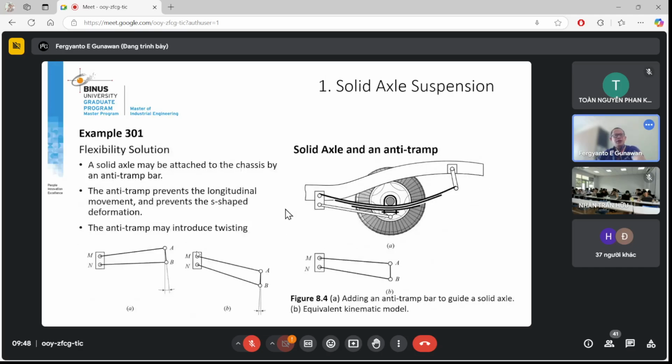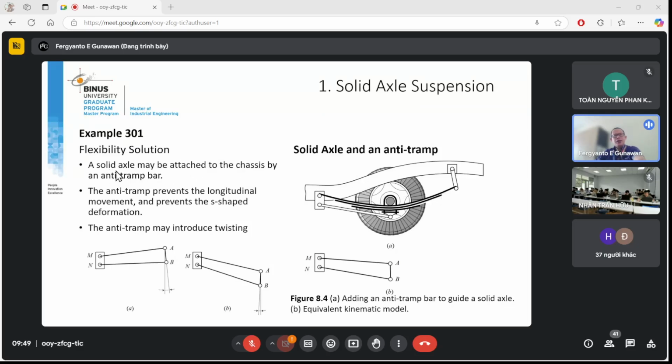Hotchkiss suspensions. And engineers came up with a simple idea called an anti-tramp instrument. An anti-tramp instrument, it is shown in here, right? So what we did is we add a simple structure here, also by pin joint. And with this simple additional structure, we can prevent the S-shaped deformations that happen along this leaf spring, right?